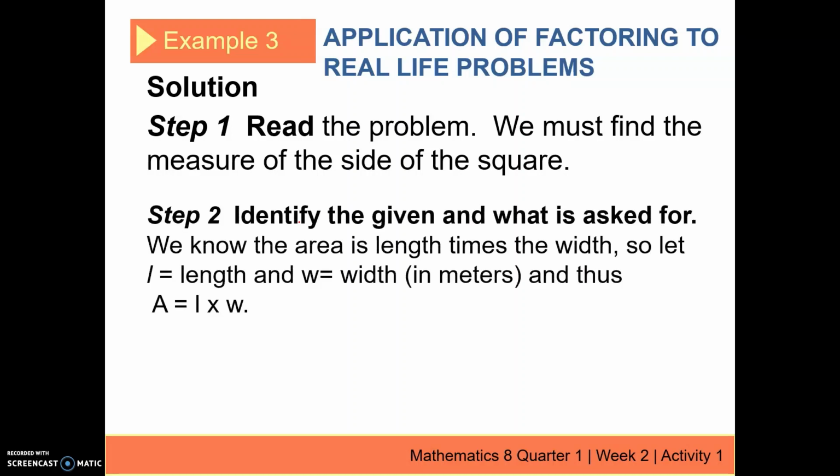Step 2. Identifying the given and what is being asked for. We know that the area is length times width. So let L be the length and W be the width in meters. Thus, area, or A, is equal to length times width, or L times W.